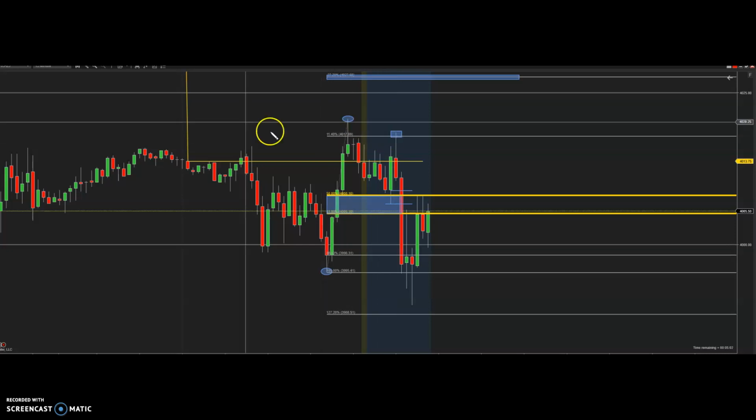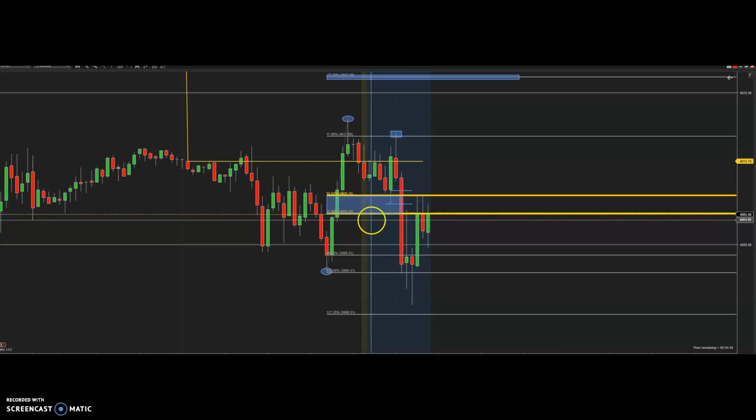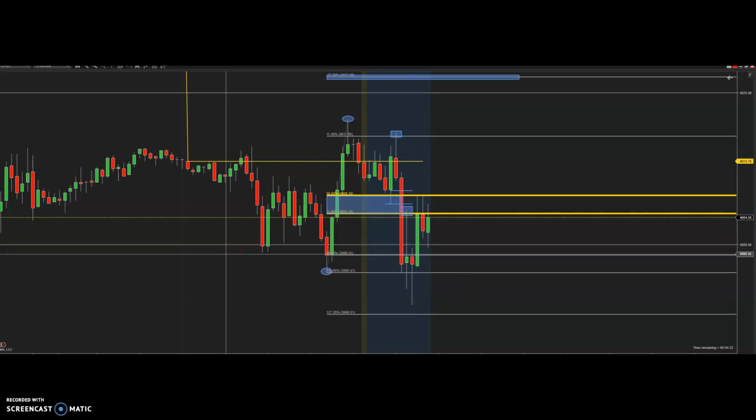Now, the power of the Fibonacci to keep you on the right side is that when she broke through this Fibonacci golden ratio zone, my buying was all over. It was no longer considering buying. So 15 minutes later, the next candle came up and retested the golden ratio zone for a sell side.